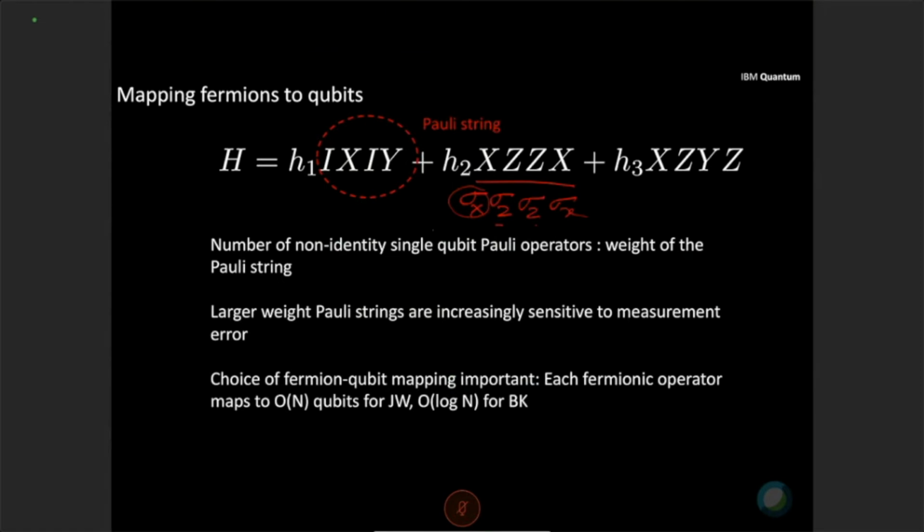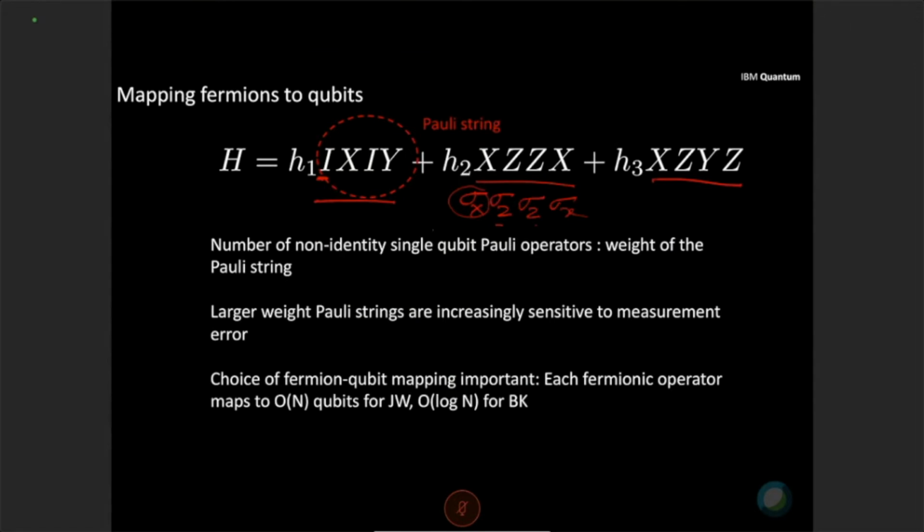Okay, so one aspect of this is the number of non-identity single qubit operators, those operators which are not represented by I's. That represents the weight of the Pauli string. So this is a weight 2 Pauli string. This is a weight 4 Pauli string. This is also a weight 4 Pauli string. Okay, why is this relevant or important?